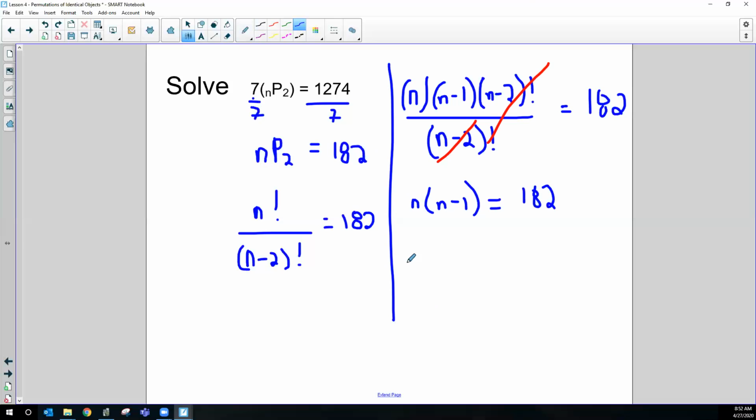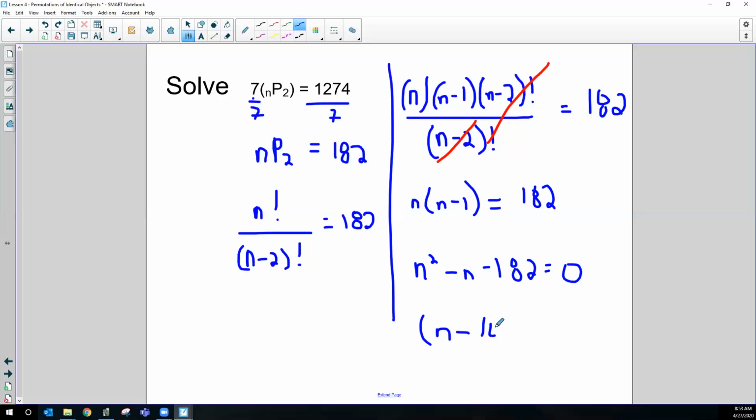And this is going to be a quadratic problem. So n squared minus n minus 182 is equal to 0. You will then factor these. Let me just figure out the numbers.